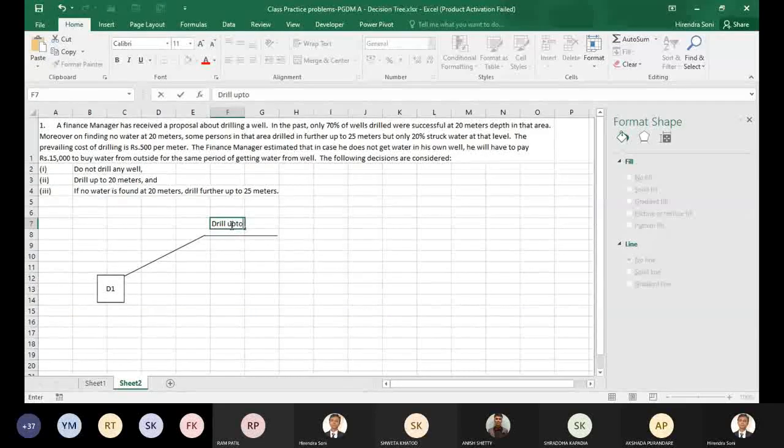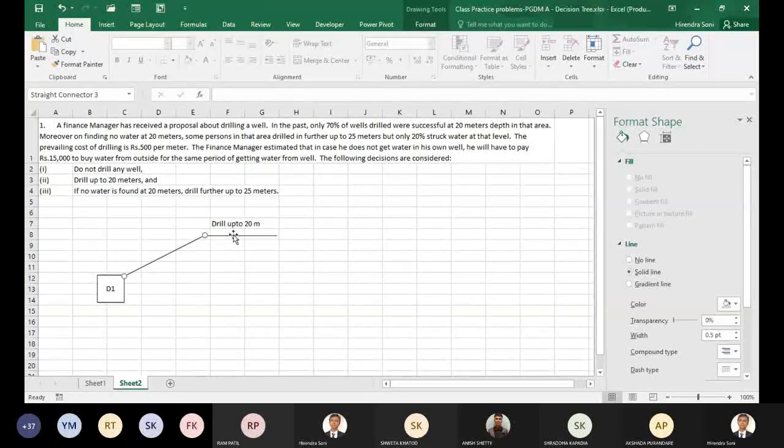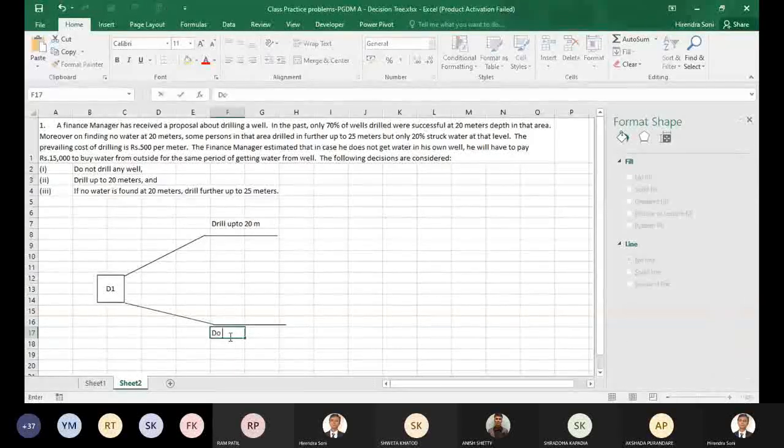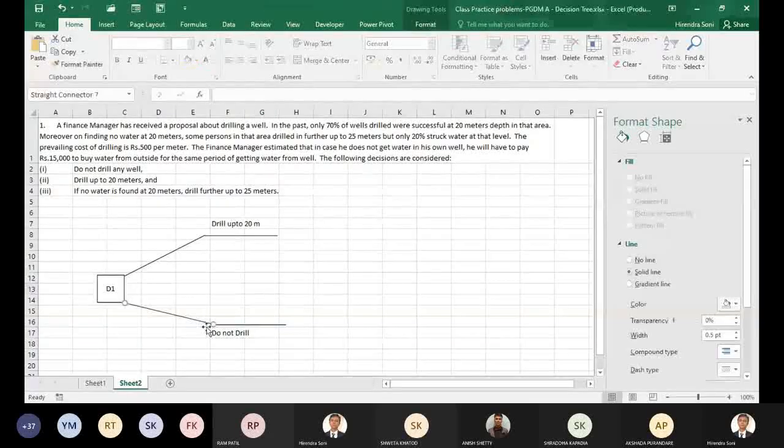Second decision point could be do not drill. Fine.